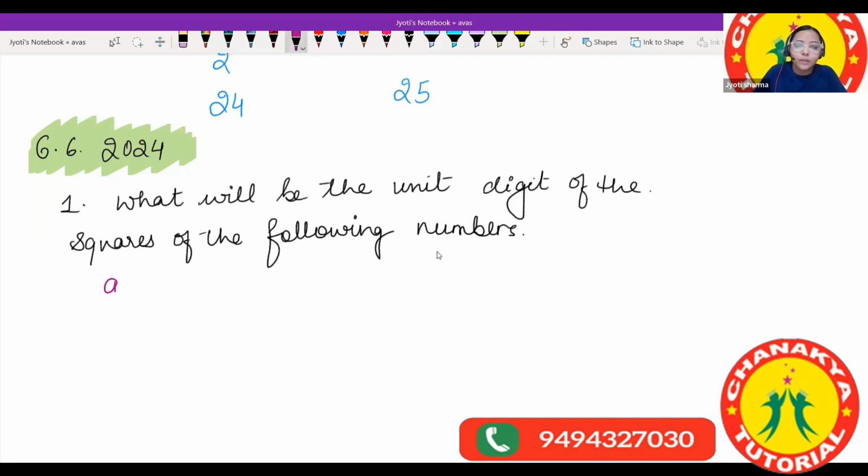First number I'm giving you, 81. What will be the unit digit of the square? Very good. All right. Next question.